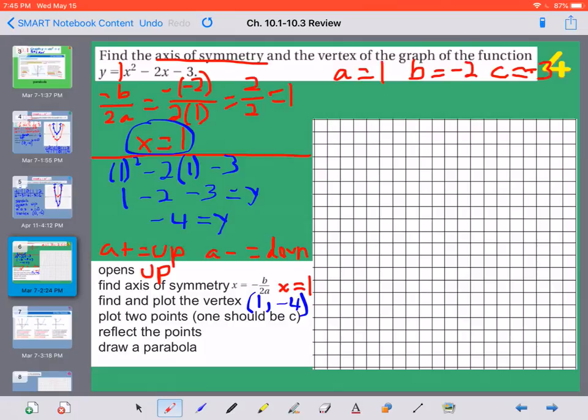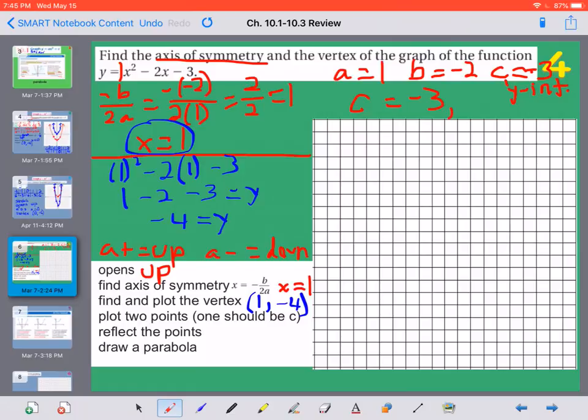Now it says plot 2 points. One should be C. Now C, that's our y-intercept. So that's where our line is going to cross the y-axis. So C is the y-intercept. In this case, C is negative 3.